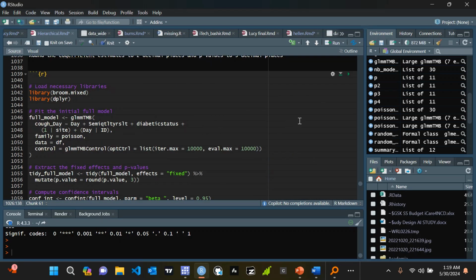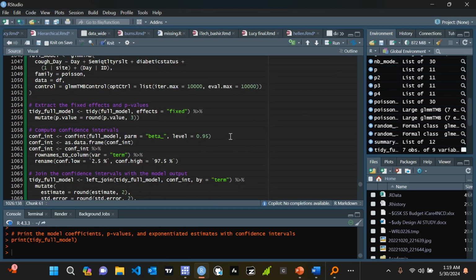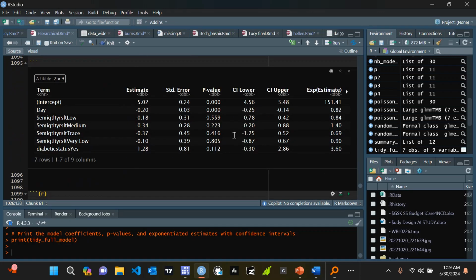Let's go ahead. This one's just to exponentiate to give the incident rate ratios. This was the estimate. This is the exponentiated estimate. You see it is 0.84. It is reducing. This is the incident rate ratio.